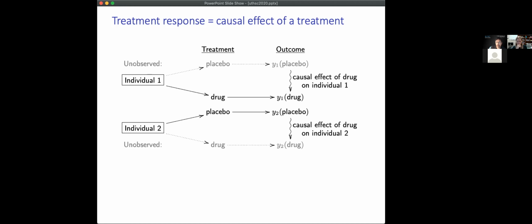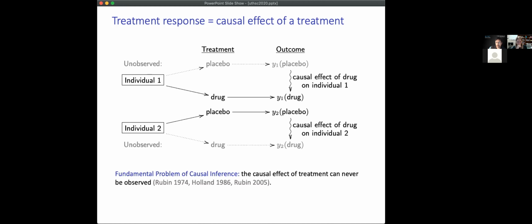One thing that you'll notice with this is something called the fundamental problem of causal inference: the causal effect of treatment can never be observed. That's an important thing to realize for those of you who haven't thought about it that much.